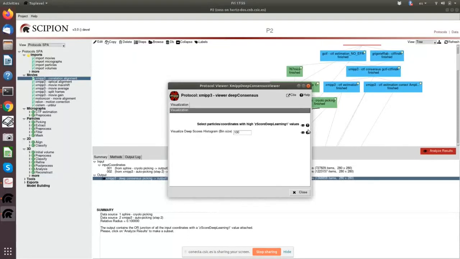And then you choose the coordinates that you want.